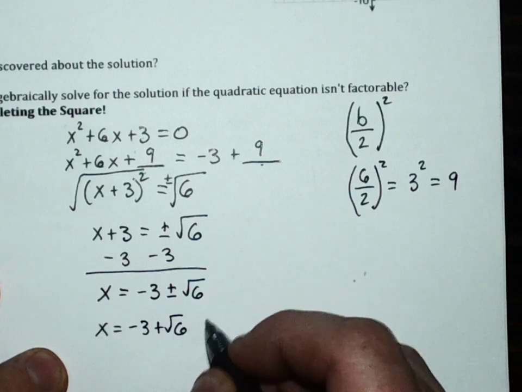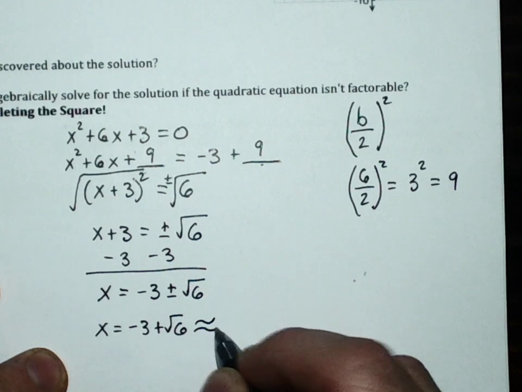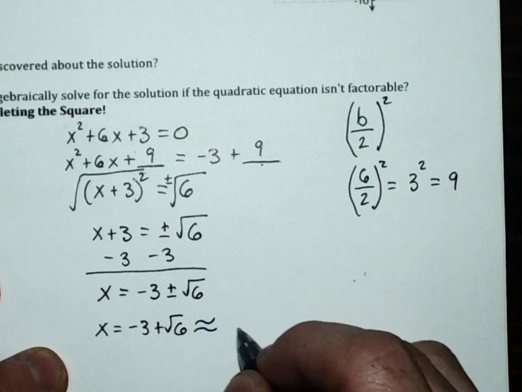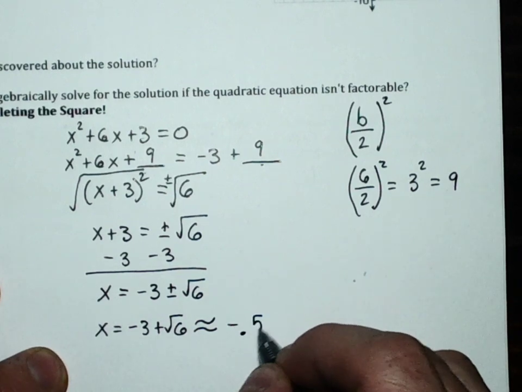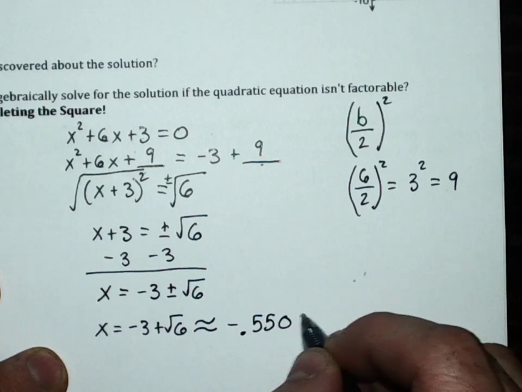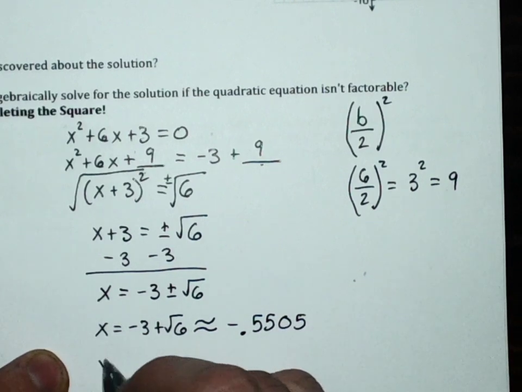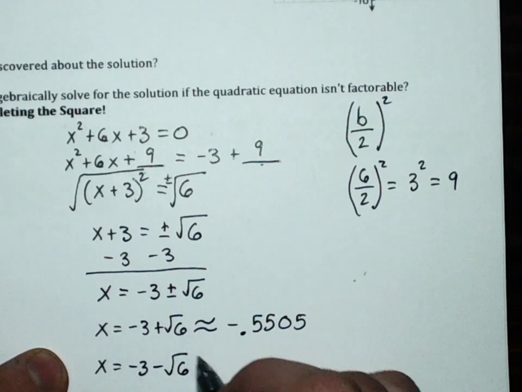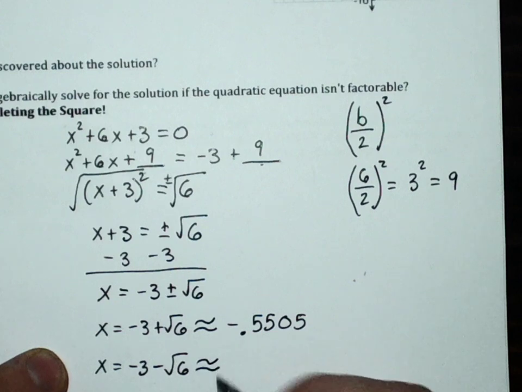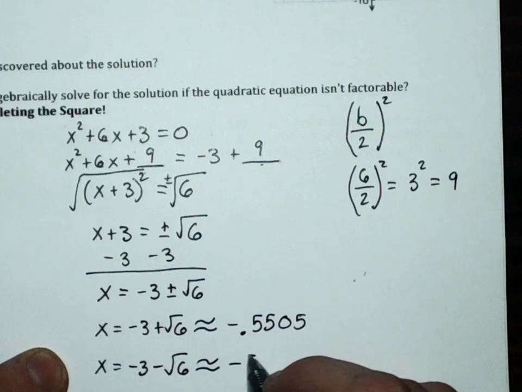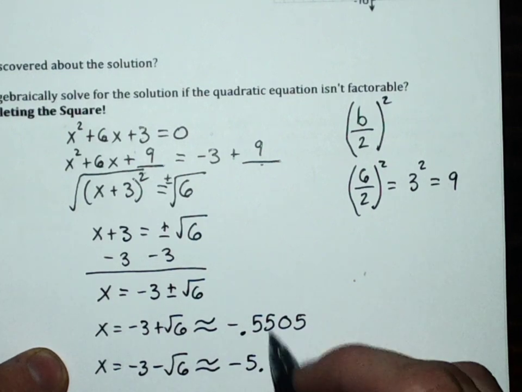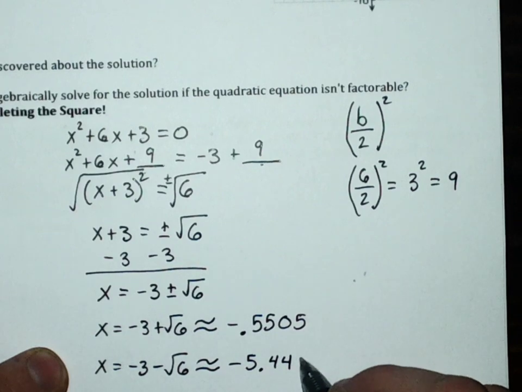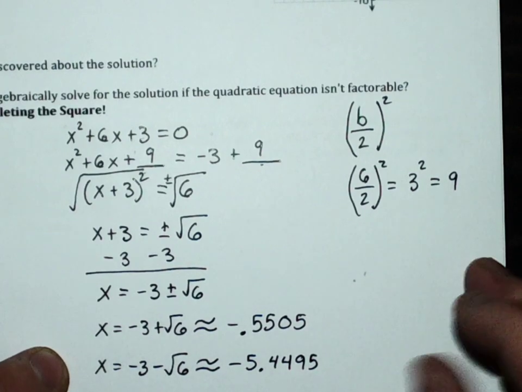plus the square root of 6, which is about, if you plug it into your calculator, -0.5505. And we also have x equaling negative 3 minus the square root of 6, which is about -5.4495.